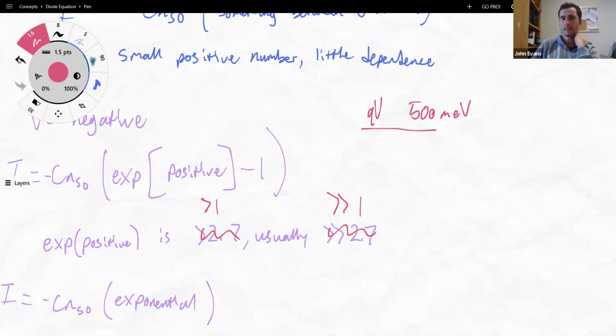And we divide that by kT, which, if you don't remember, is about 25 milli-electron volts. So this is like 20 times larger. So this is going to be approximately e to the 20. So these numbers can be very, very big.